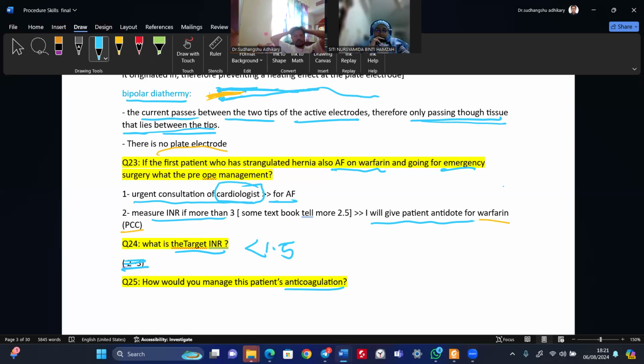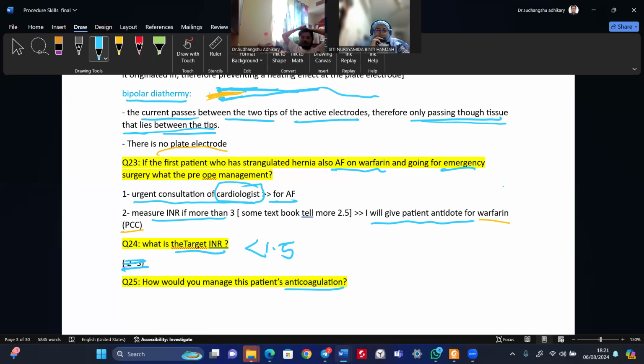So the same question, if the patient has atrial fibrillation, what will we do? Surgery is also urgent, so we'll give an urgent cardiologist referral and also measure the INR. If it is more than 3, we will give prothrombin complex concentrate.